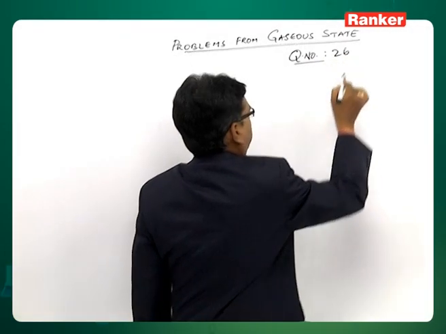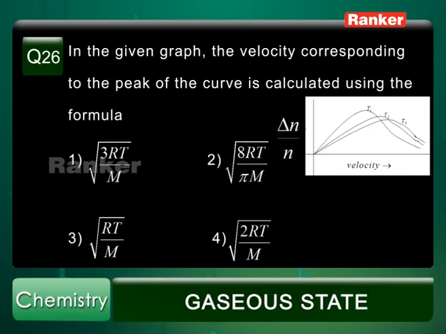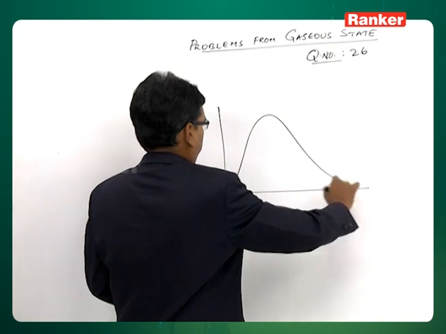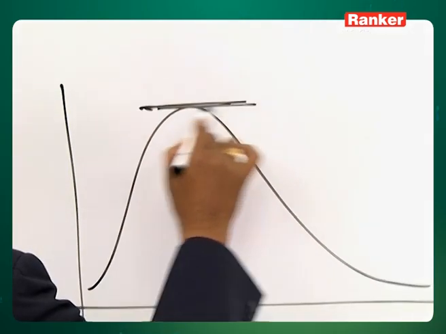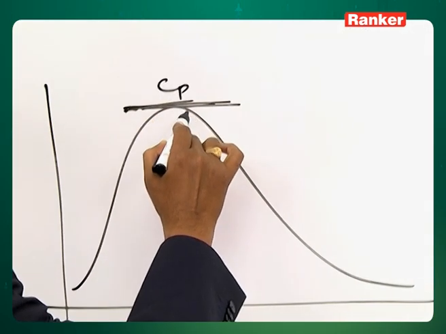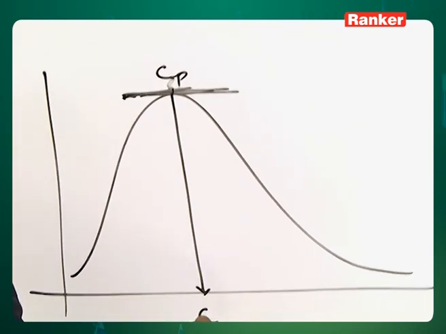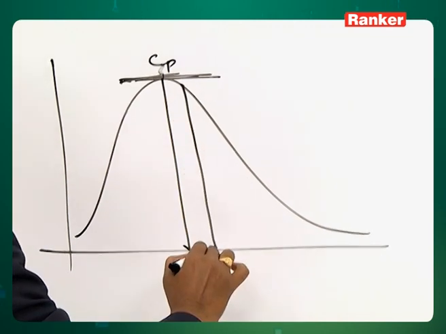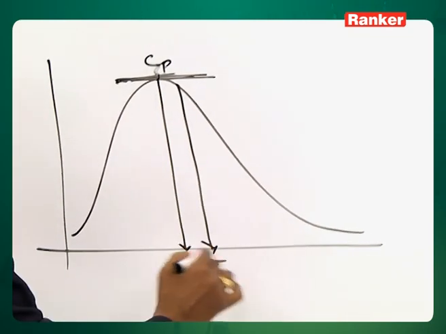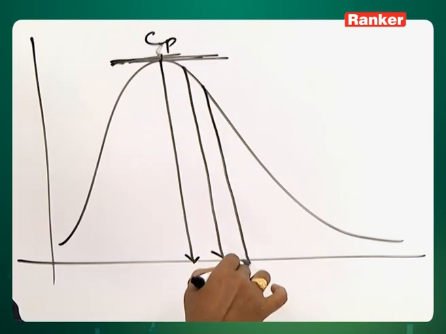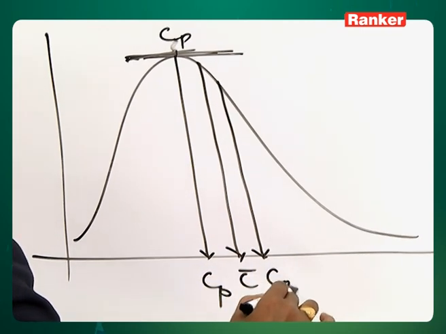Next we go to question number 26. Again in the same graph, the velocity corresponding to the peak of the curve is asked. In the same graph, this peak corresponds to Cp. This is C bar, a little higher than Cp, and a little higher than C bar is C RMS.